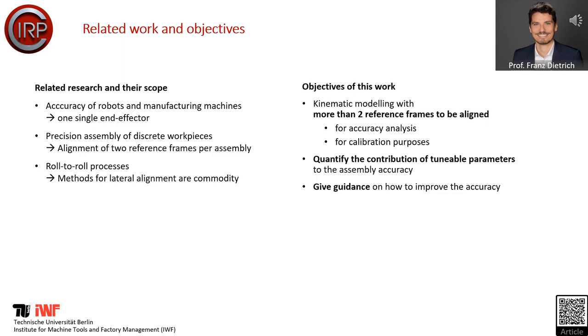So the objective is to find a kinematic modeling which considers more than two reference frames to be aligned for accuracy analysis and for calibration purposes. Moreover, we'd like to quantify the contribution of the tunable parameters in the machine to the overall assembly accuracy. Ultimately, we were looking for guidance on how to improve the accuracy by improvements in the machine.